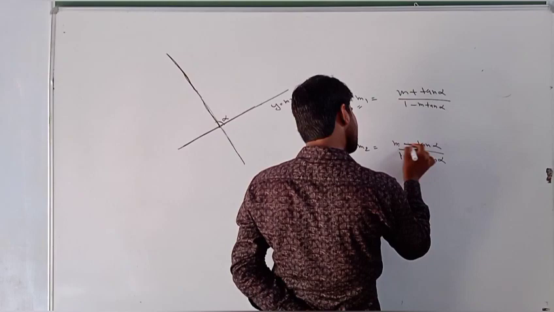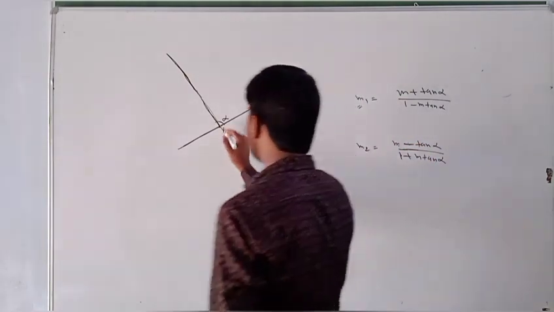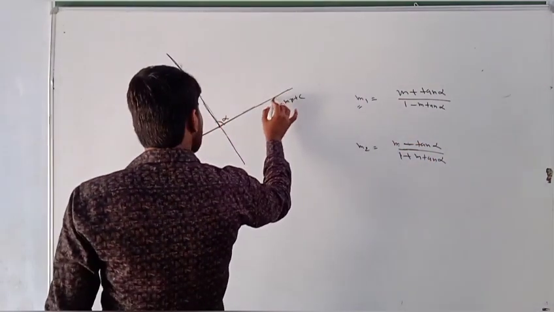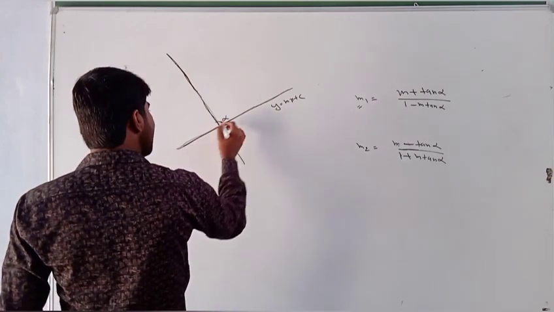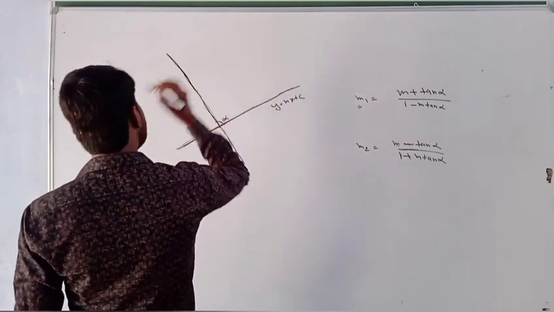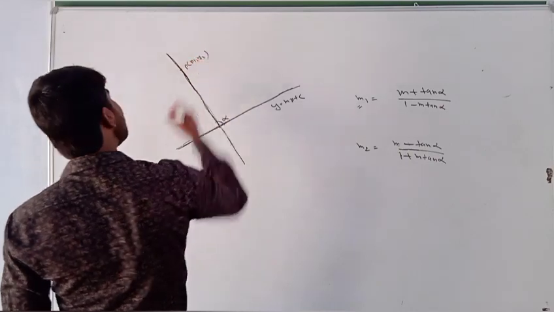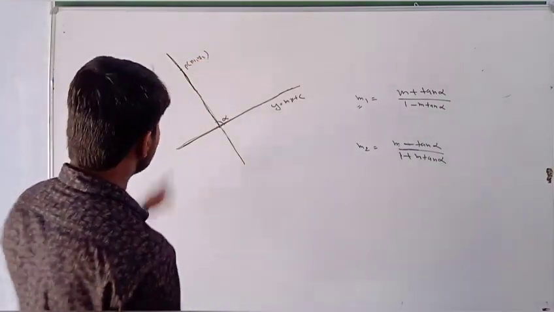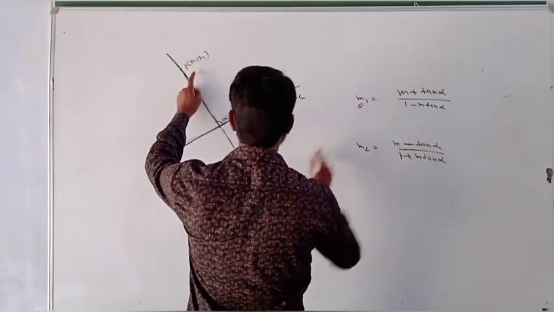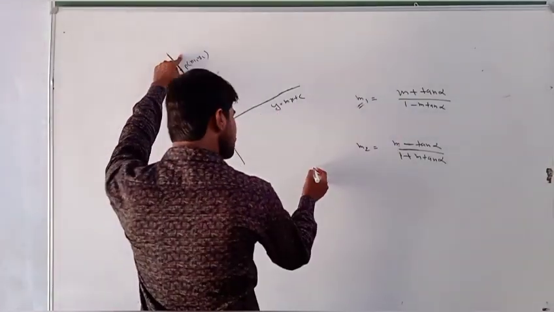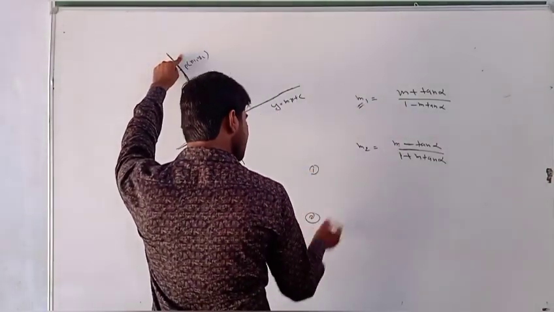Means there will be two lines making the angle alpha with the given line, and a point is also given to you, that is (x1, y1). So the slope you know and the point is given, so two lines will be there.